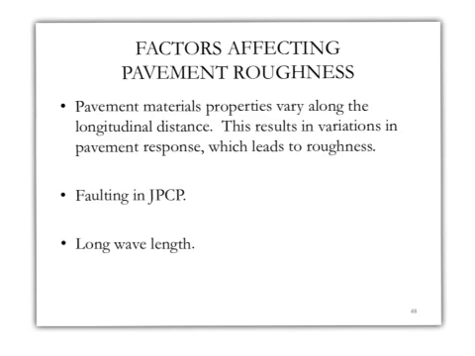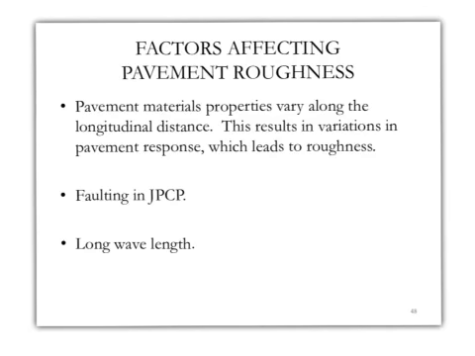Another factor that can affect the pavement roughness is the pavement material itself. So if I'm changing the properties of the materials along the longitudinal distance, this may result in variation in pavement response, and therefore is going to change the measured roughness of the road.